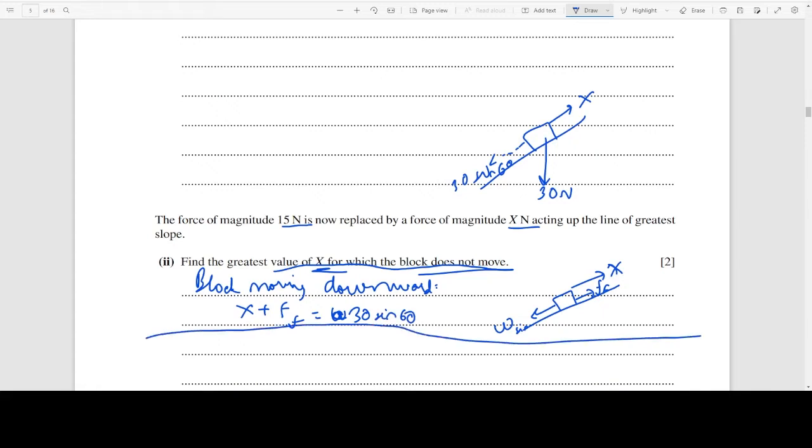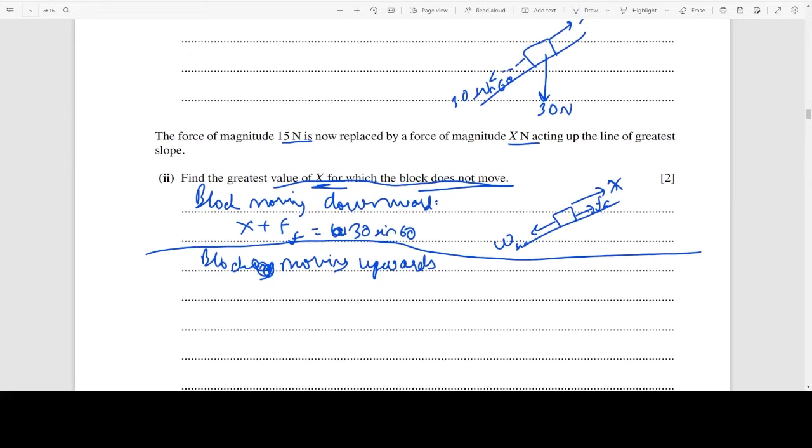But since you want the greatest value, consider the block moving upwards. x still acts in the same direction upwards and the weight component is downwards.